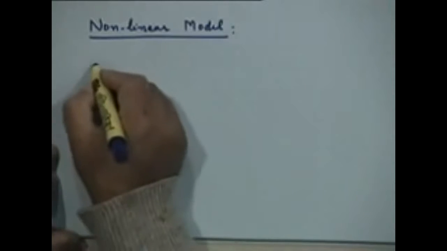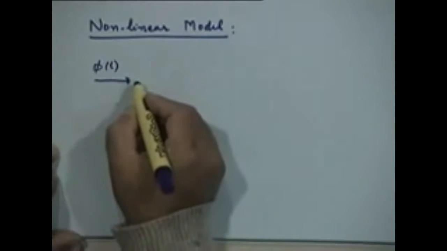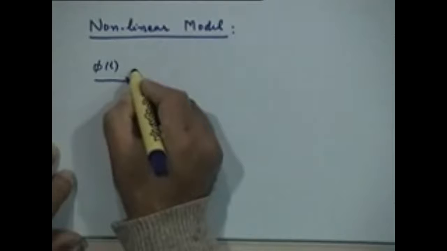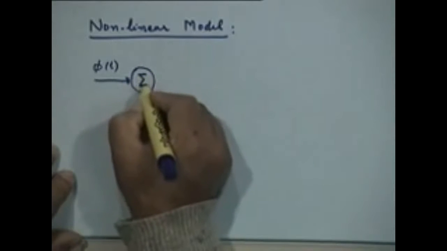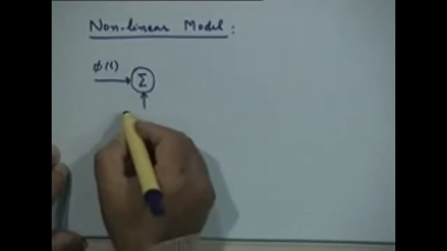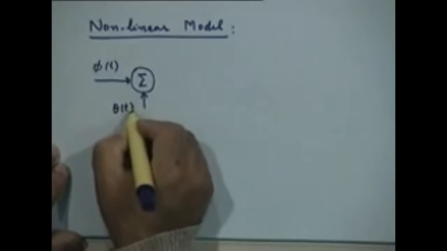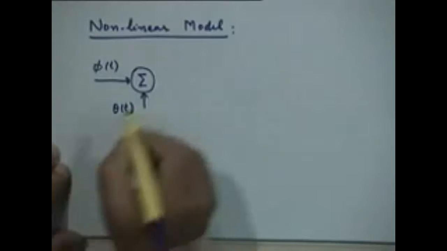What is it that we have? At the input we have the unknown phase phi of t, the incoming phase. The phase detector compares this phase with the phase of the VCO output, which is theta of t, and what does it do?